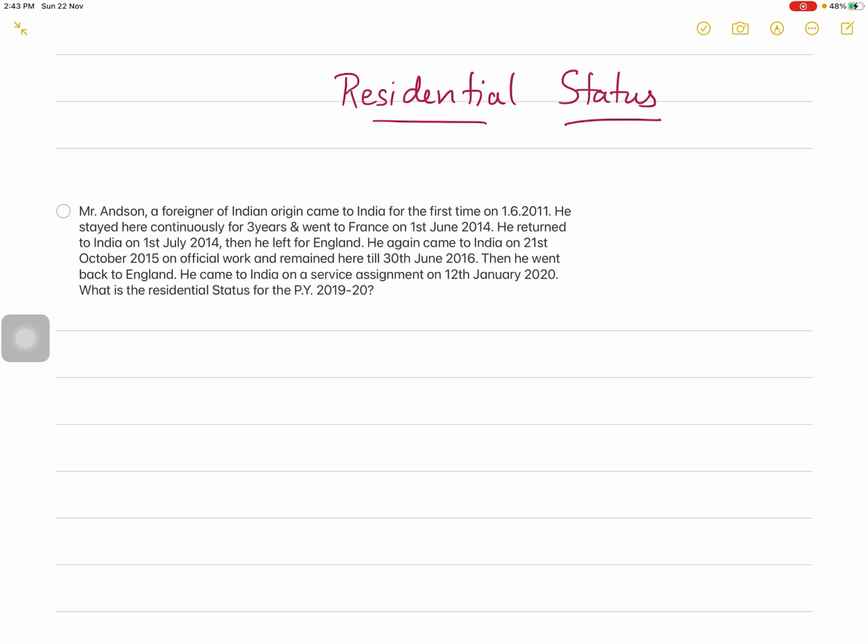Okay, so he came to India on service assignment on 12 January 2020. So during the previous year 2019-20, he came to India on 12th January 2020. So that means he was in India from 12th January 2020 to 31st March 2020.